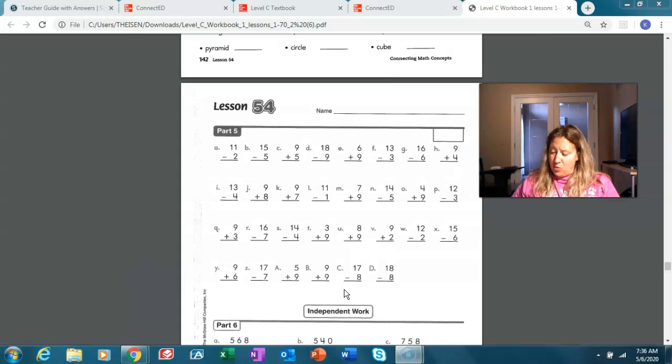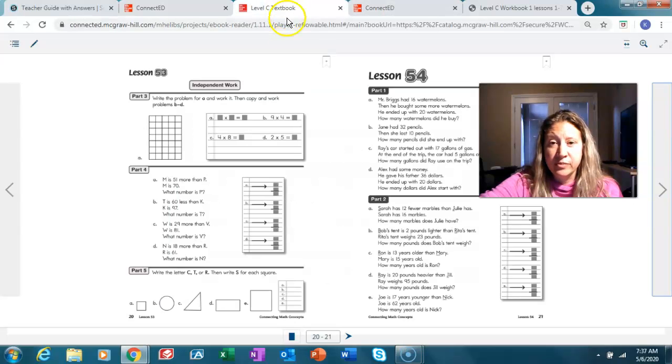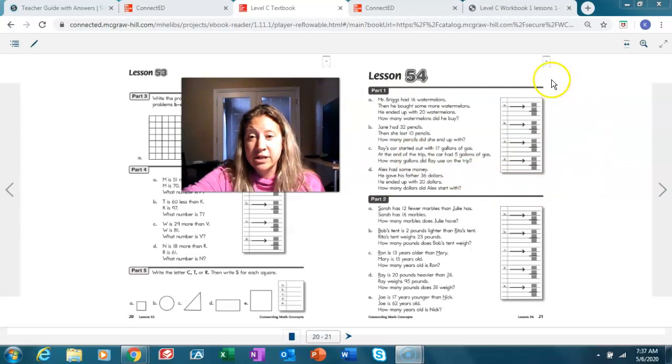Okay, we are going to work into our textbook now. So we're going to do some word problems. I'm going to show you up here. Okay, we are going to do part 1 in your textbook here today.